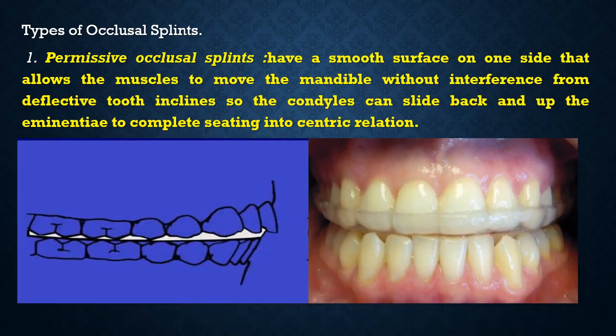Well, the types of occlusal splints according to Dawson, we have first the permissive occlusal splint, which has a smooth, flat surface on one side that allows the muscle to move the mandible without any interference from deflective tooth contact or incline, so that the condyle will seat back up to the eminentia to complete seating into the fossa.